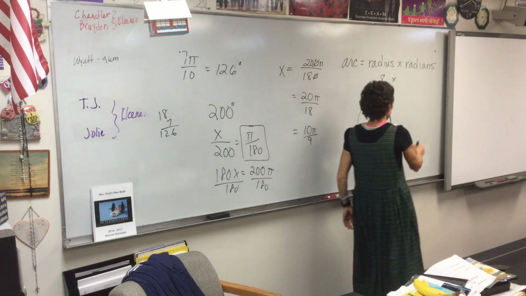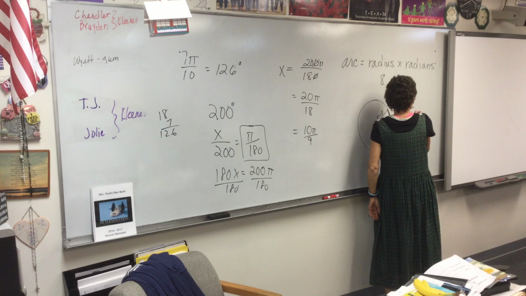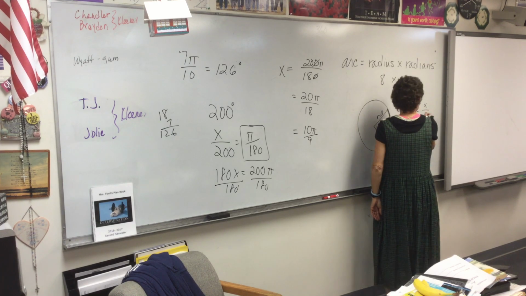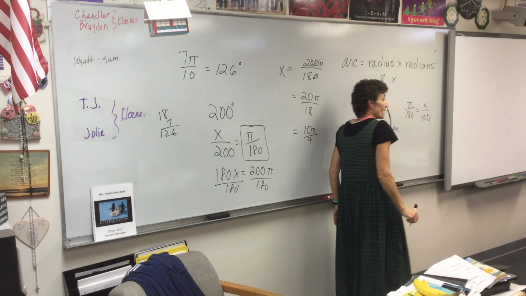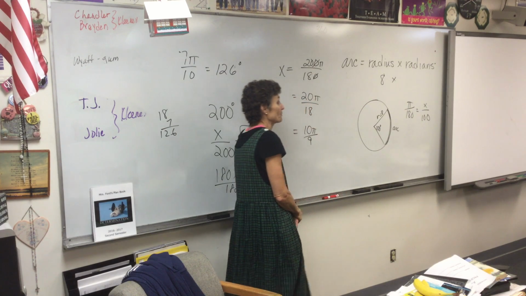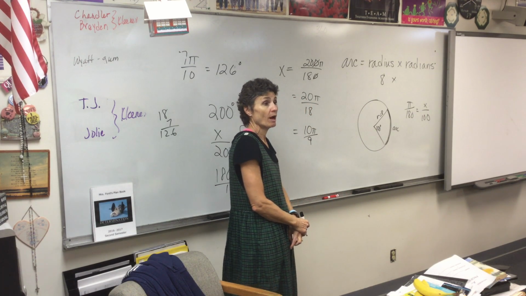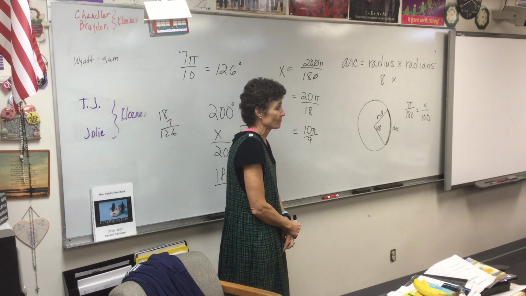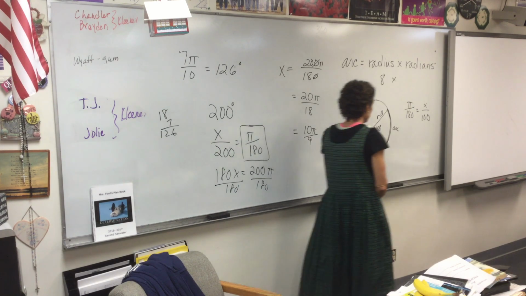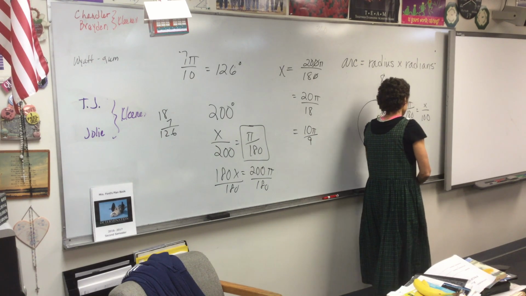I'm going to set up a proportion that says pi over 180 equals x over 100, and I'm going to figure out what the radian measure of 100 is. So pi over 180 equals x over 100.